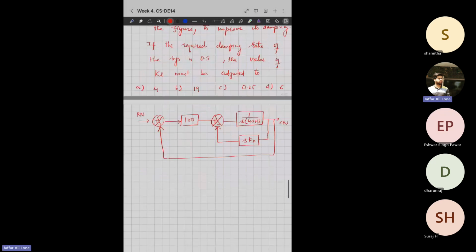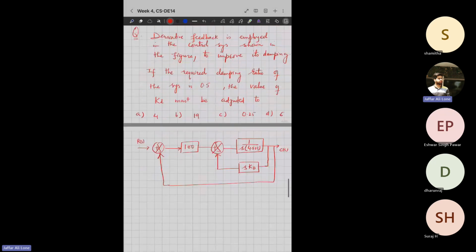See, I'll just explain this question. It's written in the question, derivative feedback is employed in a control system shown in figure. You can see here, we have used a derivative feedback. Why we have used derivative feedback? We want to improve the damping, right?